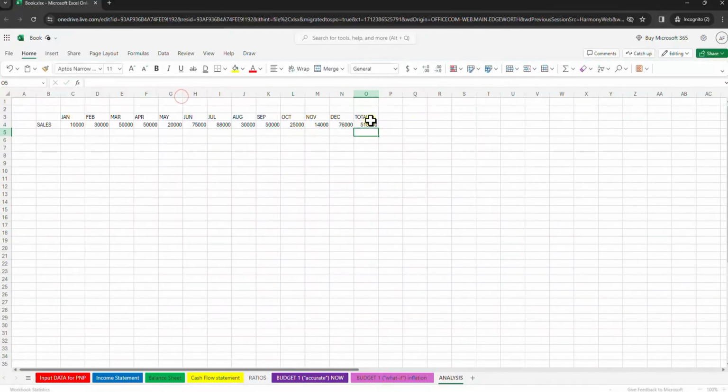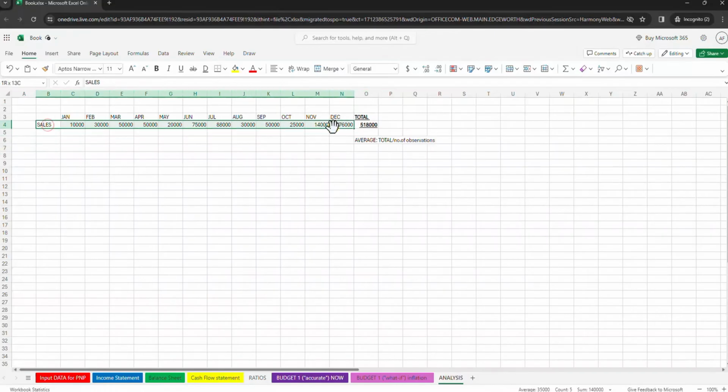I could just take all of those cells and I could just add them up. Okay, so if I'm looking at an average, okay, you know from mathematics, an average is the total divided by the number of events or observations. Okay, so if I know what the total sales were for the 12 months that I'm looking at here, okay, then I'm going to look at dividing this total.